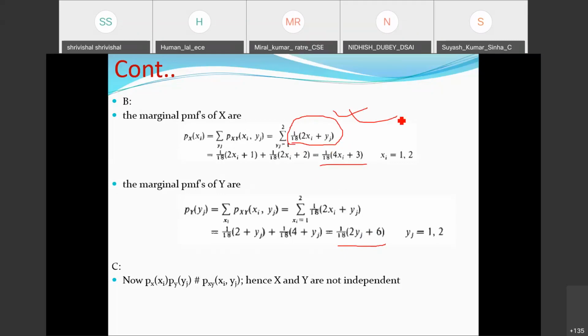Can we get it? No. So they are not going to be independent here.